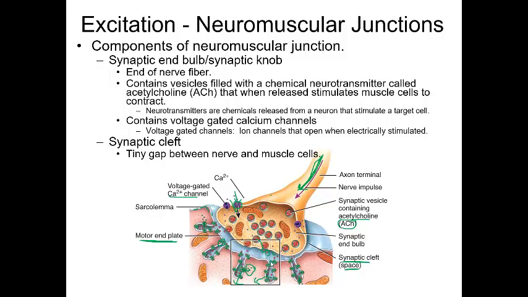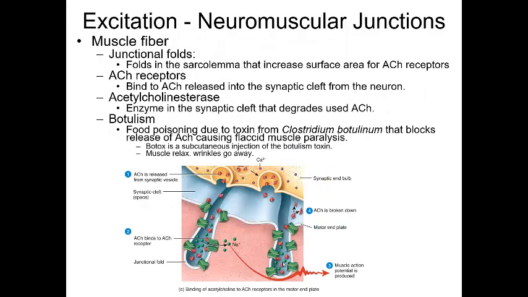Sodium ion gates open up, and sodium rushes into the muscle fiber. Now, something's got to get rid of that acetylcholine. It can't just hang out there, right? So enter an enzyme called acetylcholine esterase. Anything that ends with an ASE is an enzyme. Acetylcholine esterase is going to eat up all the used acetylcholine and get rid of it.